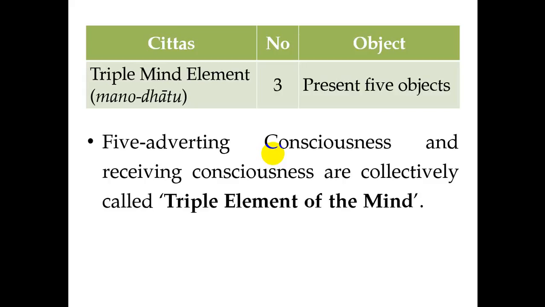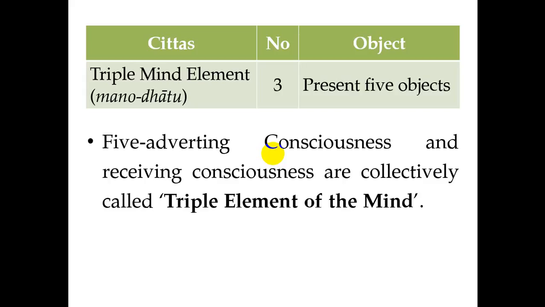They take only pleasant five material objects. We have to think based on the mind process. When you see one object, the five door advancing consciousness opens the door, then eye consciousness, and after eye consciousness, you receive it.